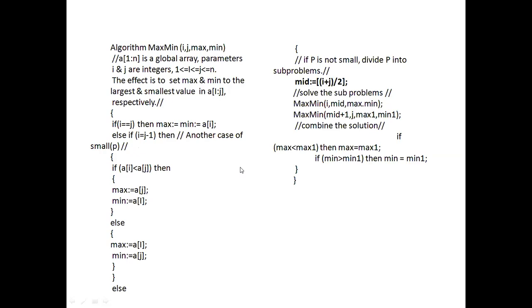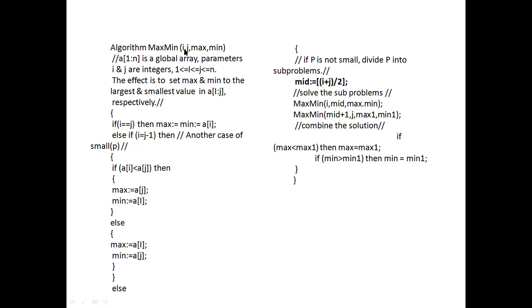Otherwise, how do we know whether the problem has only two elements? If i is equal to j minus 1, for example, i is equal to 2 and j is equal to 3, then 3 minus 2 is equal to 1.